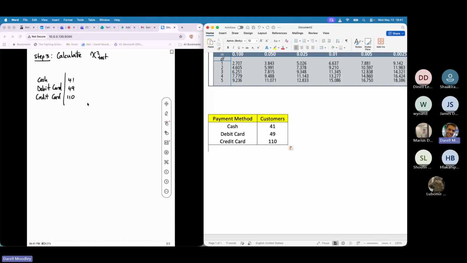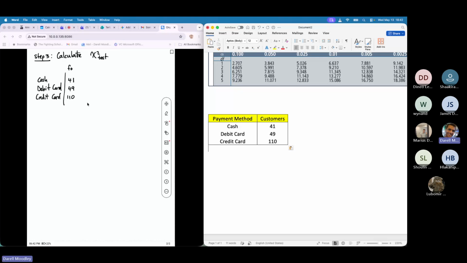Now, these values that's given to you, that is what we call your observed frequency. So this is what the finance officer observed. When that finance officer looked at the sales receipts, that officer observed that 41 customers pay by cash, etc. So this is your F0 column, that's your observed frequency. So what we need to work out is our FE value.